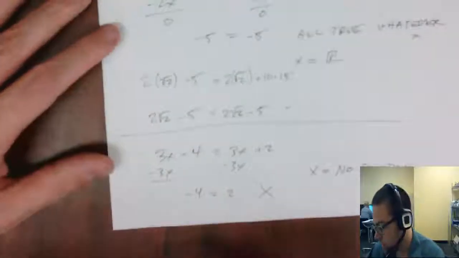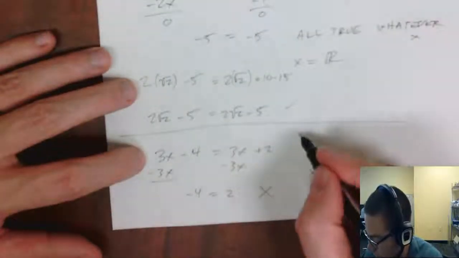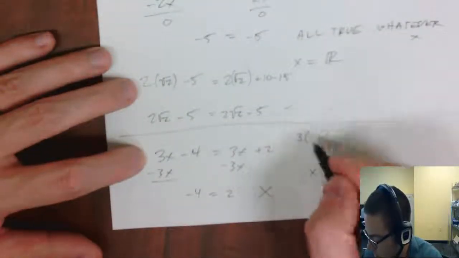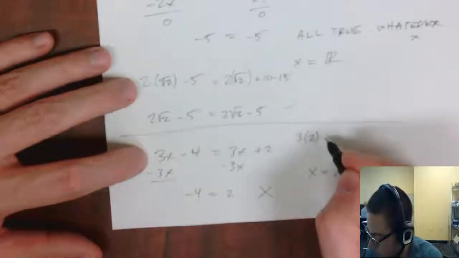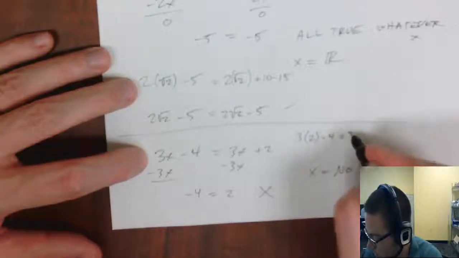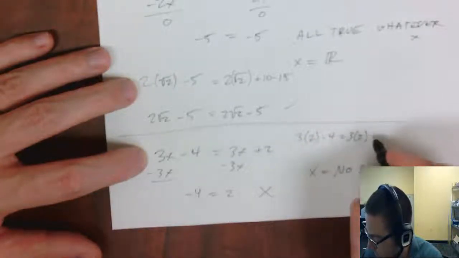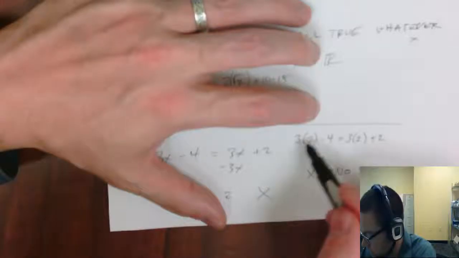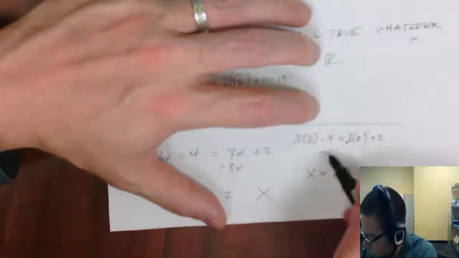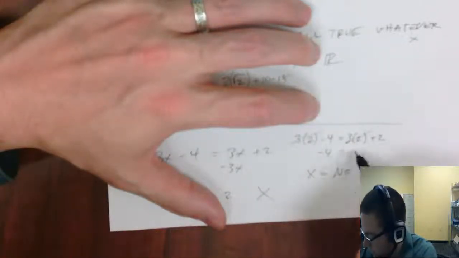And there's no real way to check it. You could plug in a value, right? 3 times, I don't know, let's say check 2, equals 3 times 2 plus 2. And you can see that whatever number you put in, it's never going to equal out, because if I have 6 on this side and 6 on this side, if I just take out the 6's, I have negative 4 equals 2.